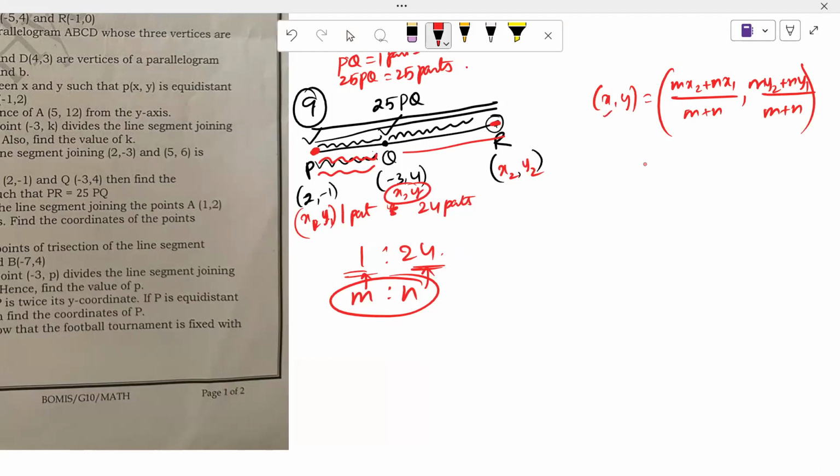Next, x comma y is given, that is minus 3 comma 4, which is equal to mx2. M is 1, so 1 times x2, we don't know, plus nx1.